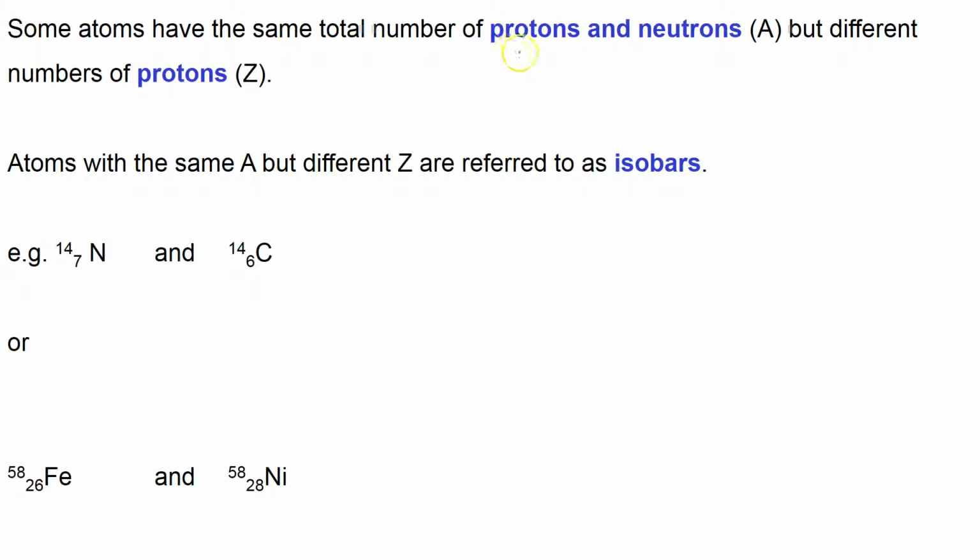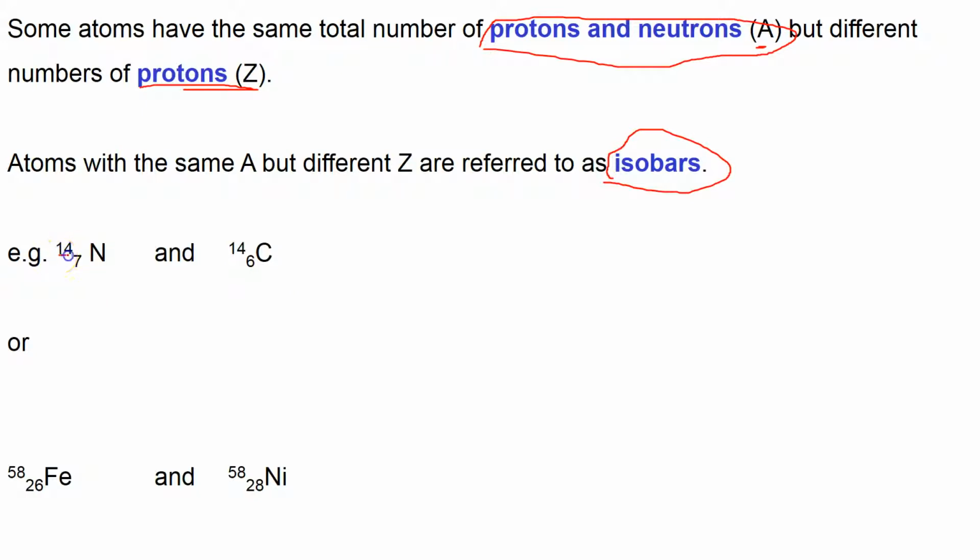So some atoms have the same total number of protons and neutrons. That is, they have the same mass number, but they have different numbers of protons. These are referred to as isobars. So here are two atoms.